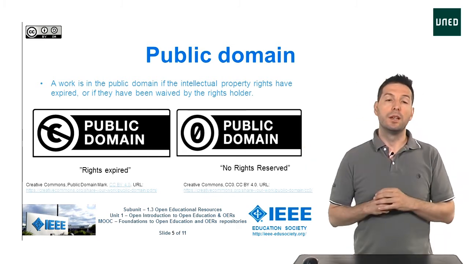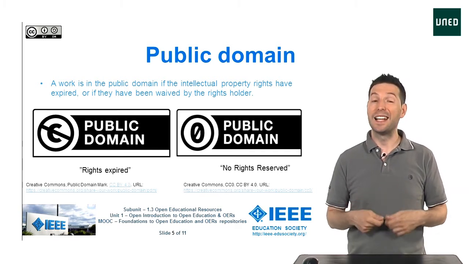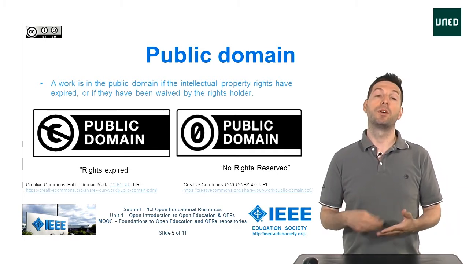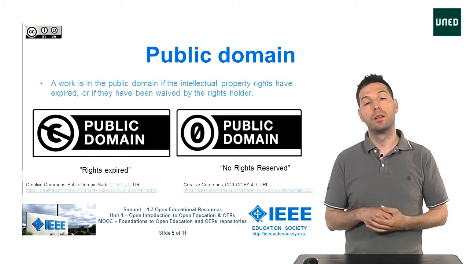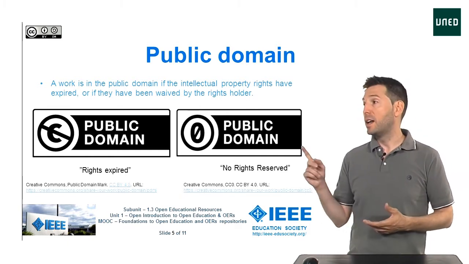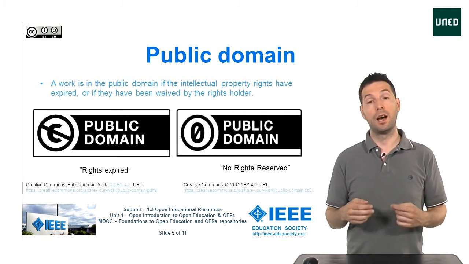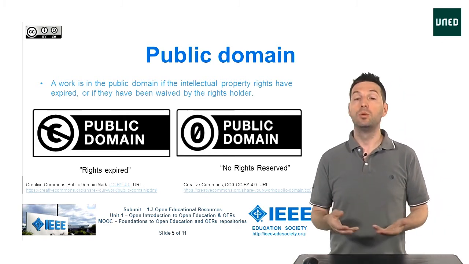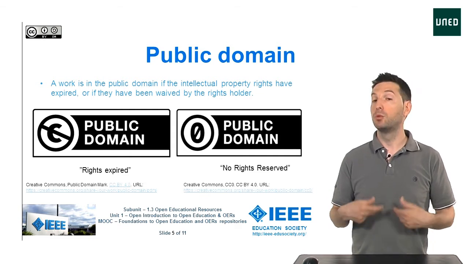The picture on the right means that the rights have expired. It probably means it's an old work and the rights have already expired. And the second case means that there are no rights reserved. The author decided to provide the work to the public domain.